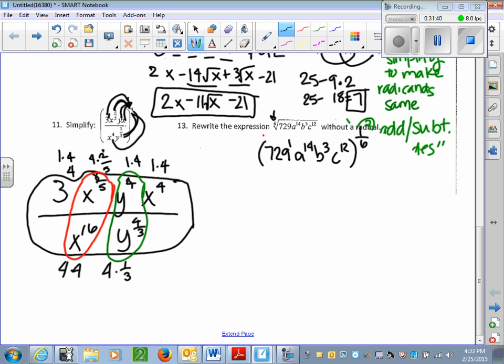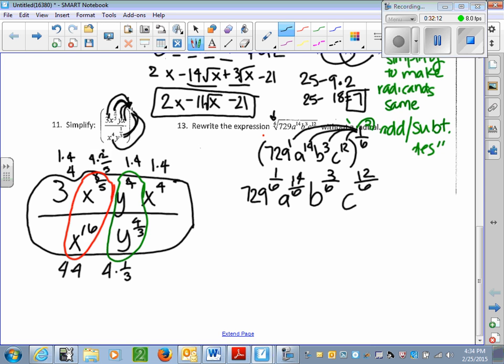Remember, it's really to the first power, so 729 to the 1/6 power. 1/6 times 14 gives me a to the 14/6 power. We'll reduce our fractions in a second. And then we have b, 3 times 1/6 gives me b to the 3/6 power. And then c, we have c to the 12th, so 12 times 1/6 gives me c to the 12/6 power.